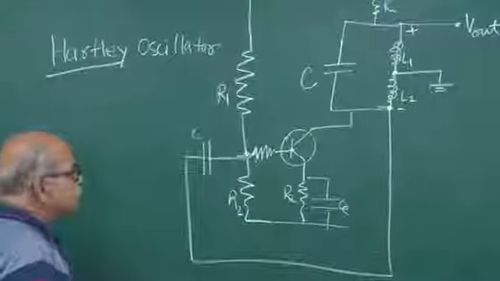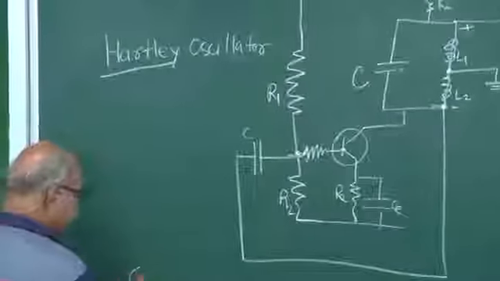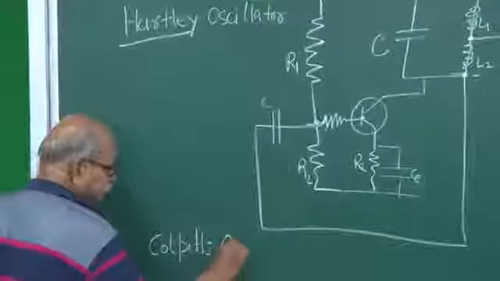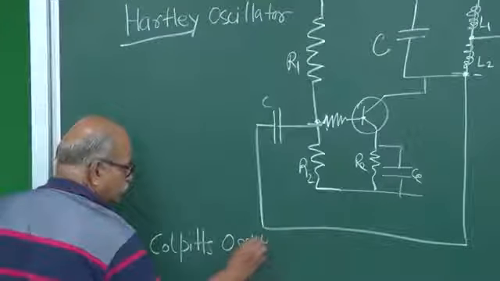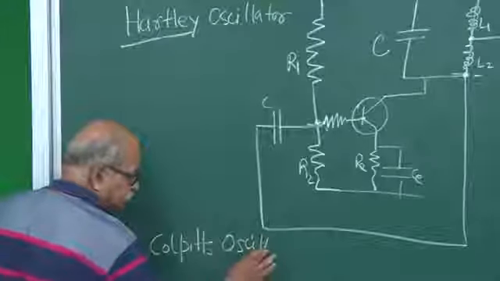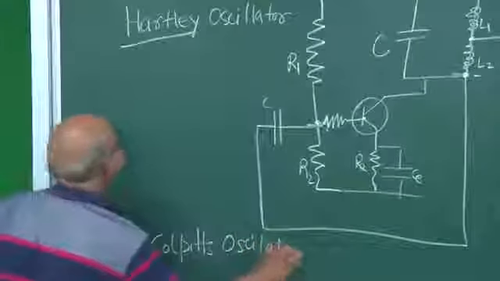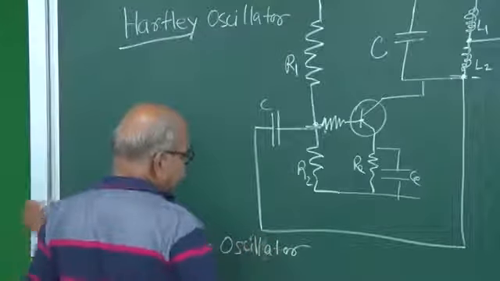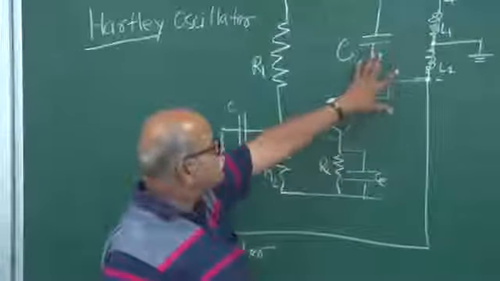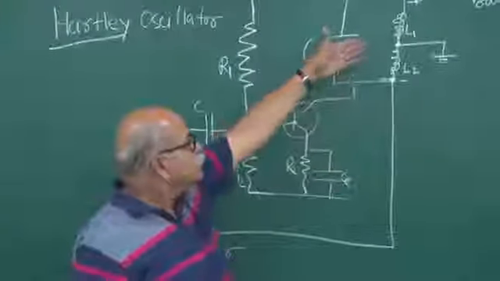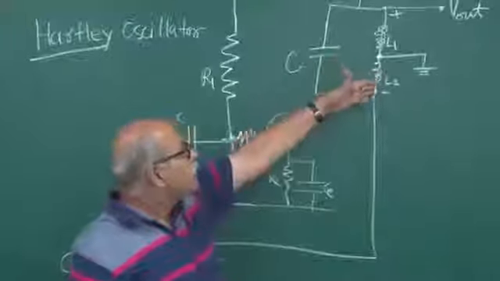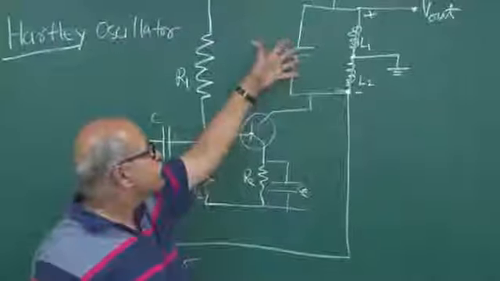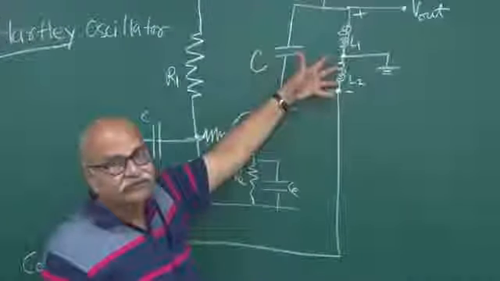Closely related is the Colpitts oscillator. Once again the same story. The only difference is that instead of two inductors and one capacitor, this circuit will have one inductor and two capacitors.